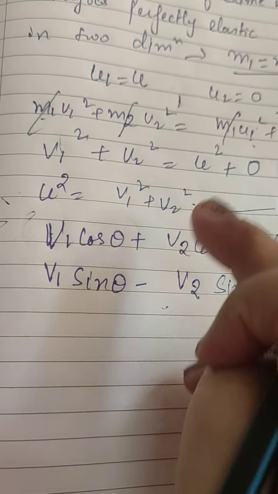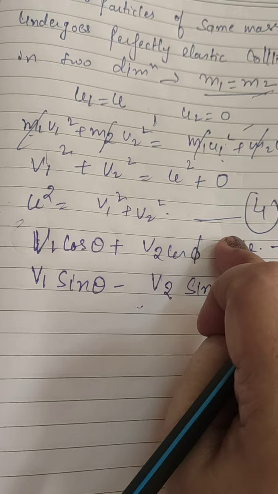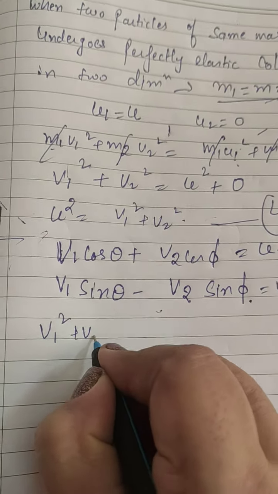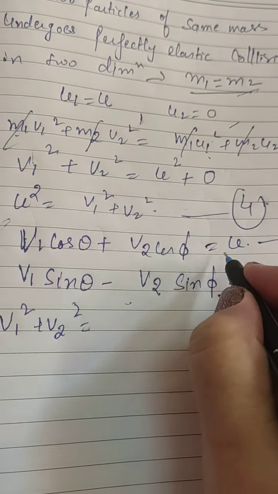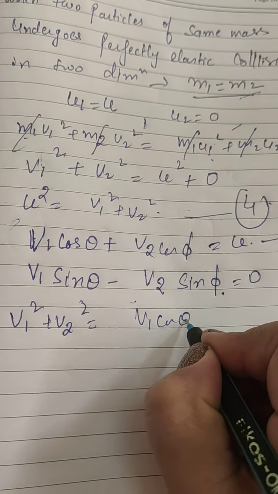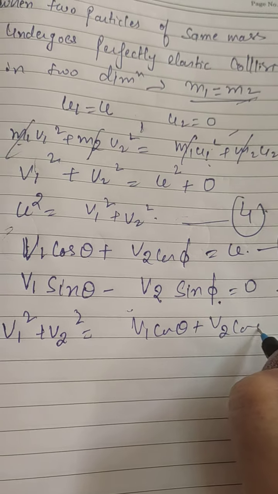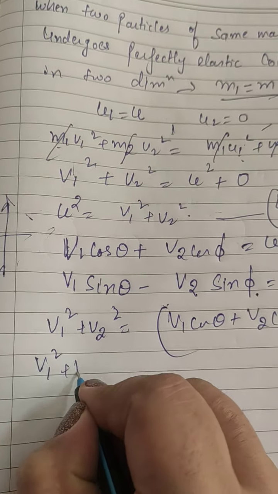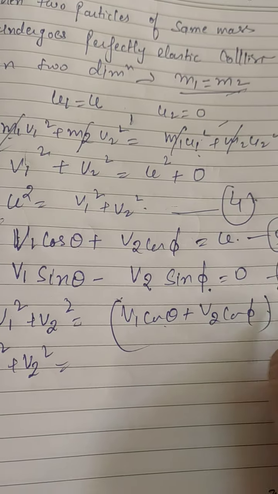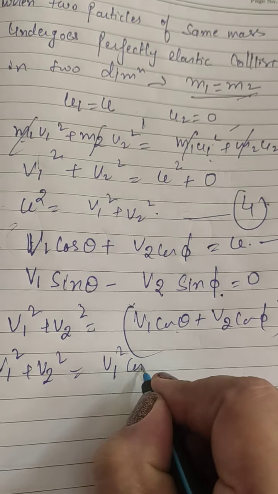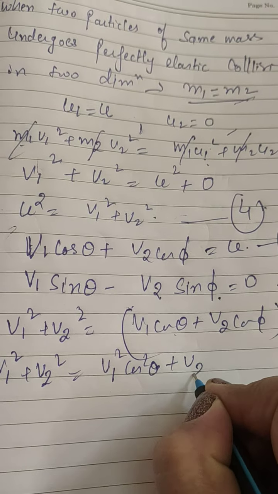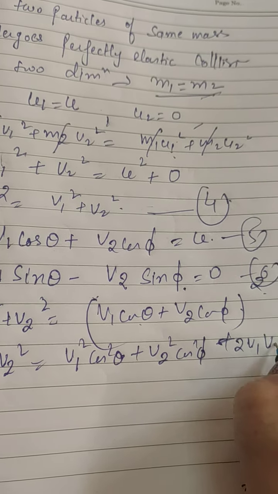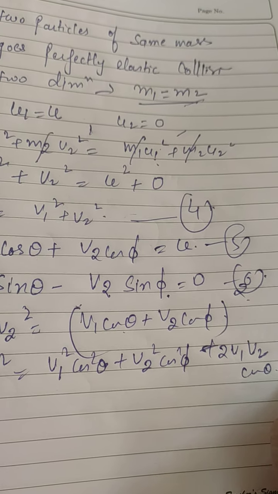Now putting the value of u from here in this equation, we'll have v1 square plus v2 square is equal to, this u is v1 cos theta plus v2 cos phi whole square. So this is v1 square plus v2 square is equal to a plus b whole square, v1 square cos square theta plus v2 square cos square phi plus 2v1 v2 cos theta cos phi.